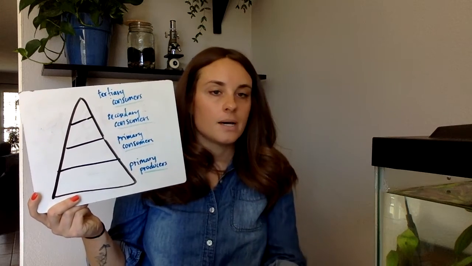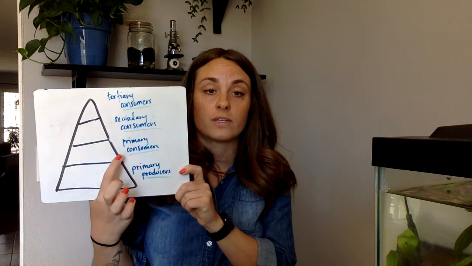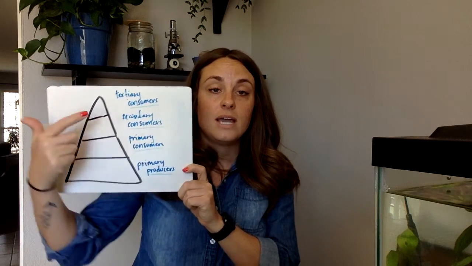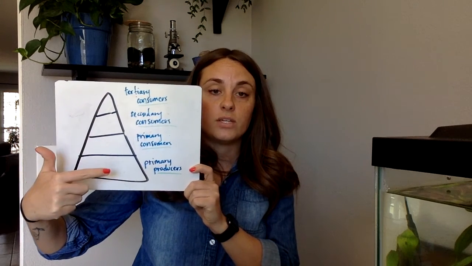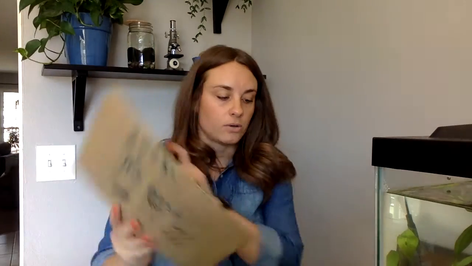So again, the 10% rule says that only 10% of the energy in a trophic level can get passed to the next level. And then these are examples of the terms that we use for trophic levels in an ecosystem. So one of the things that we asked you to do in lesson 4 was some calculations.